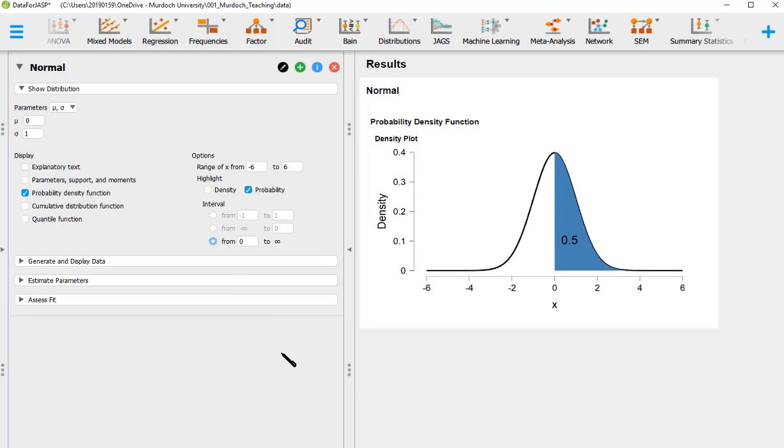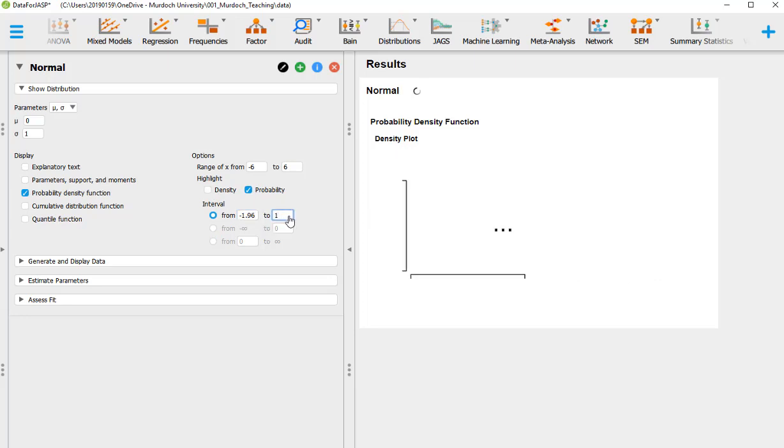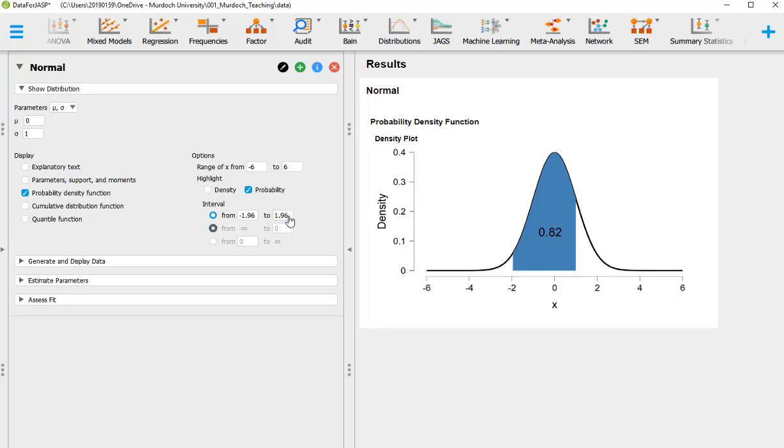One typical interval that researchers are interested in is 1.96, and I'll show you why. Let's say -1.96 to 1.96. These two values are important because within them we've got 95% of the probability.